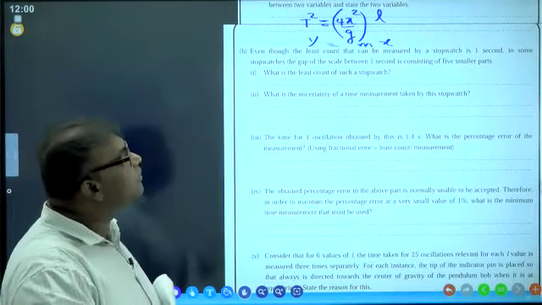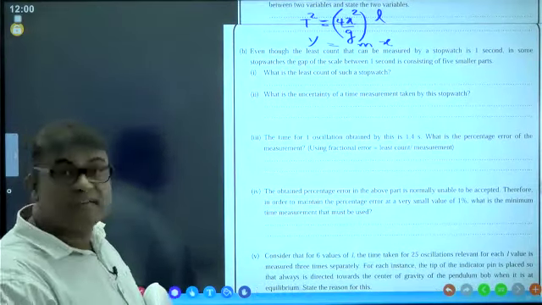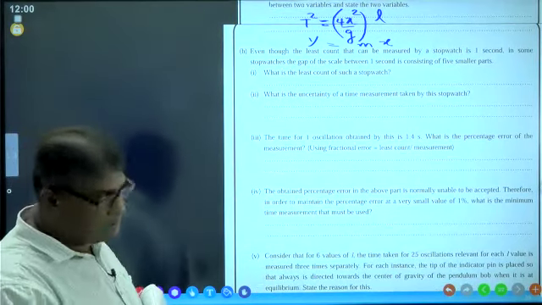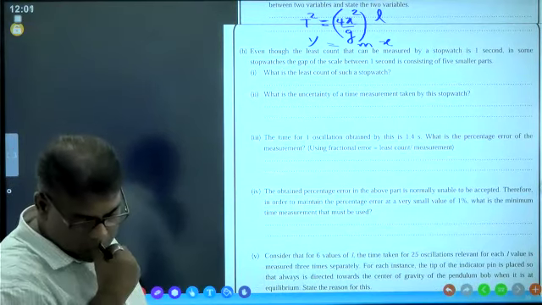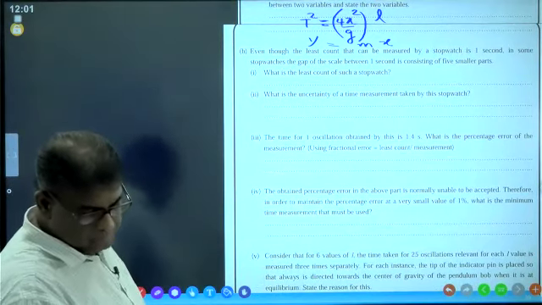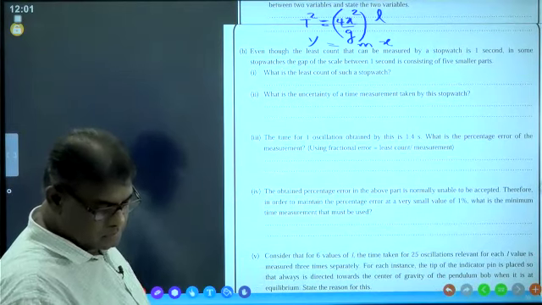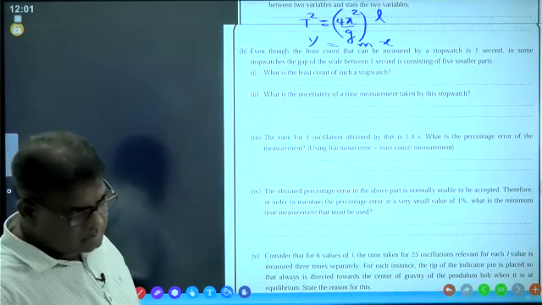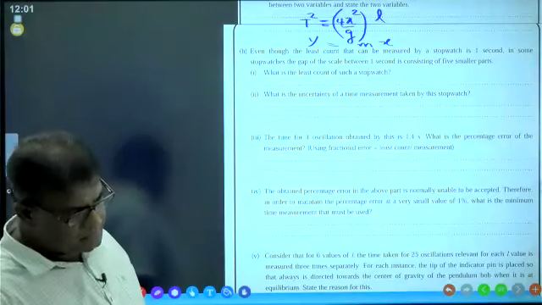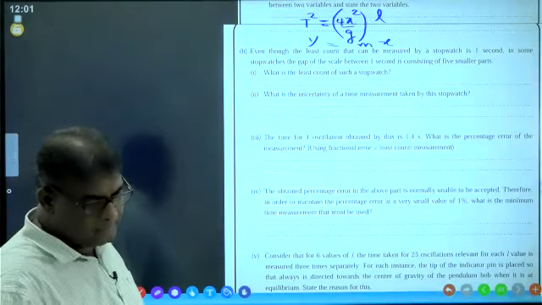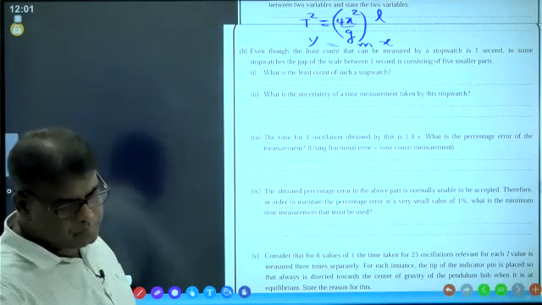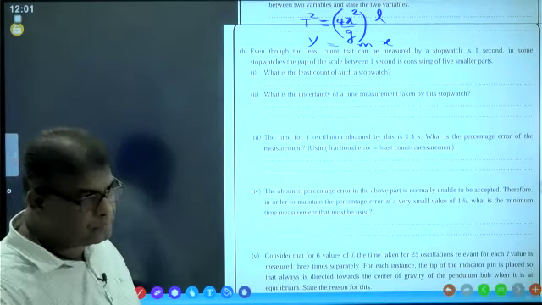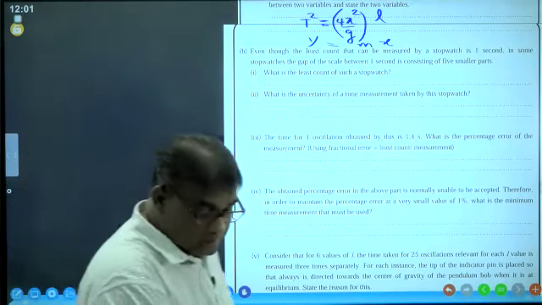Identify the variables: x-axis length, y-axis T squared. Right, clear? Okay, next one.